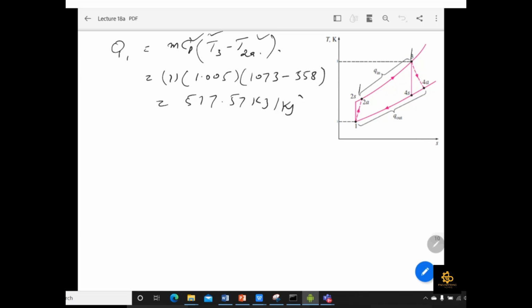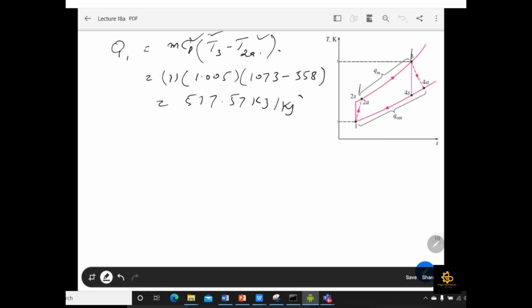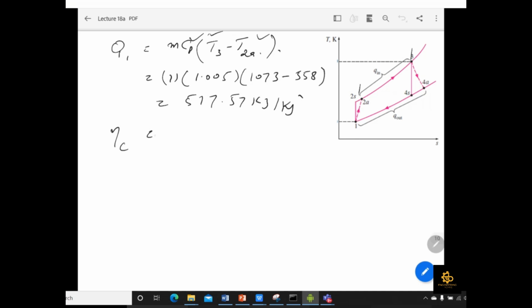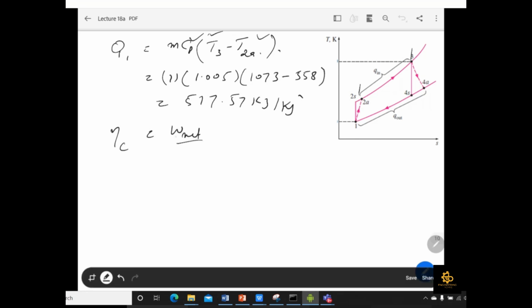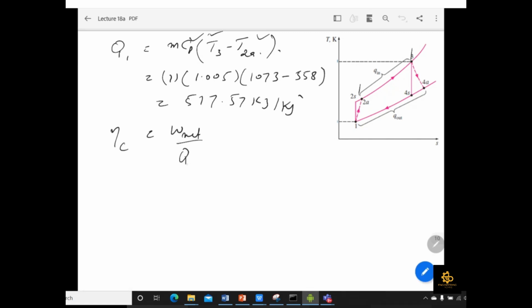Q supplied. Now one thing left is to find the efficiency of the cycle. The efficiency of the cycle is simply W net over Q in.